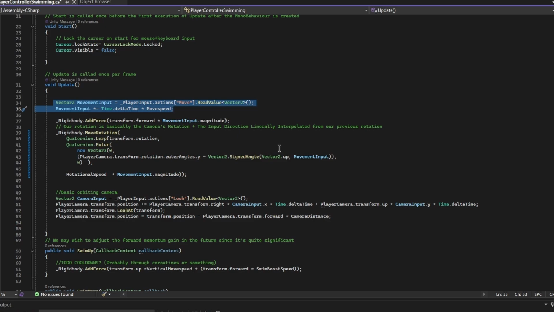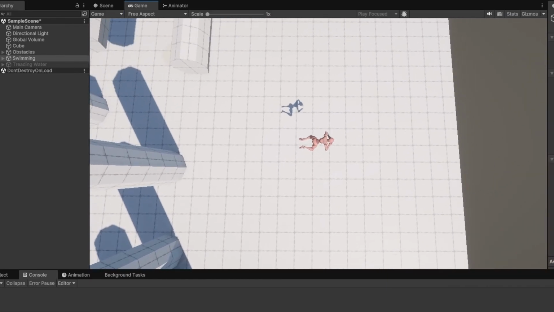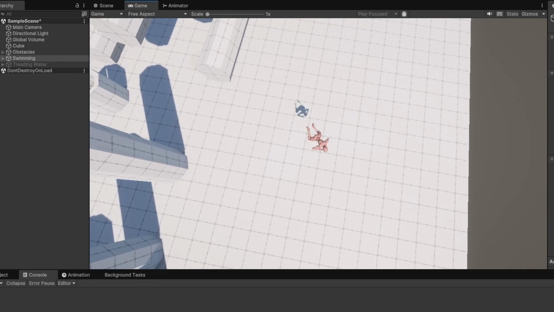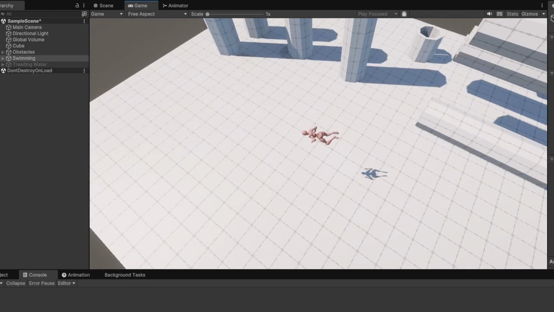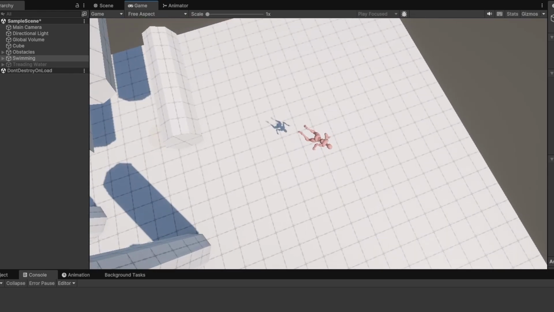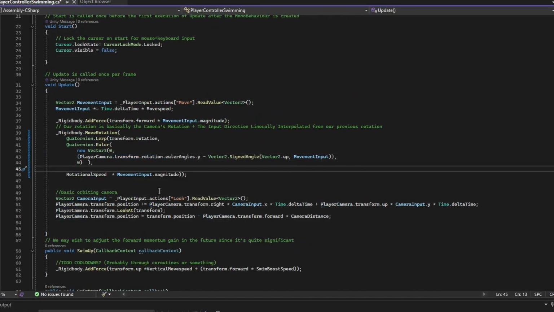So yeah, that results in us being able to do this right here. Make it rotate wherever the control stick is facing relative to the camera. But that's also why we get the player camera transform instead of the player transform.